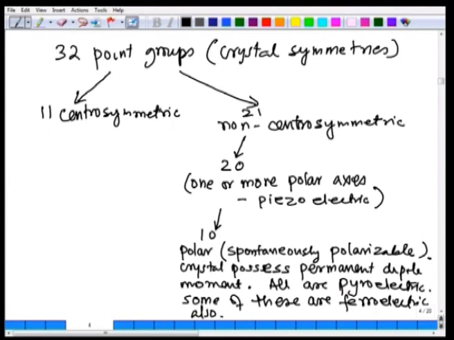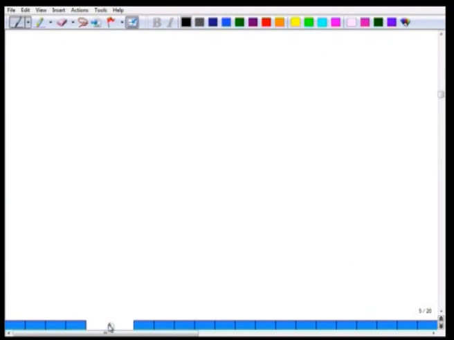Now, what do I mean? I will show you through a picture and then through a schematic, and that will illustrate the point a little better. Let us start with centrosymmetric.